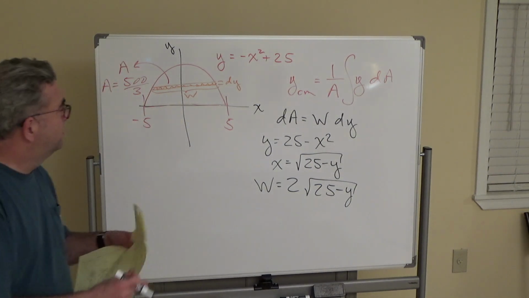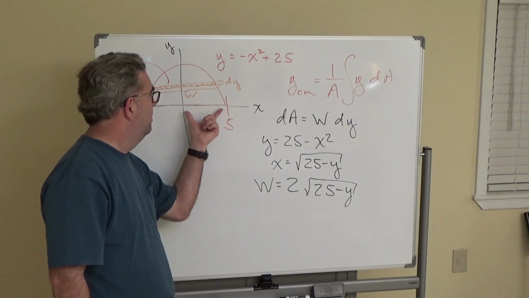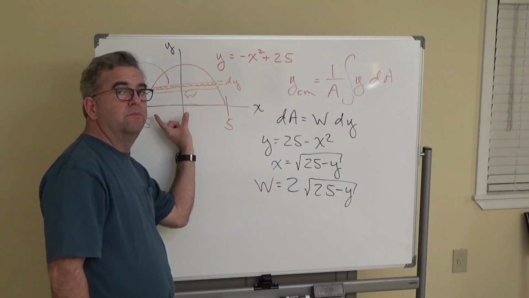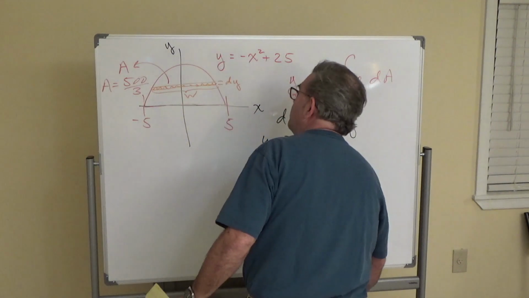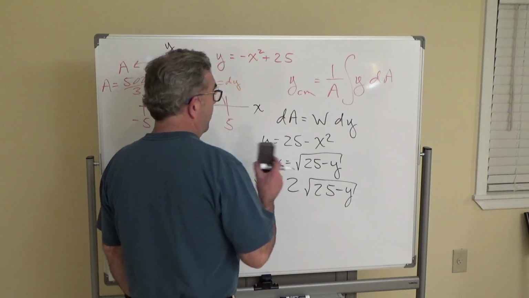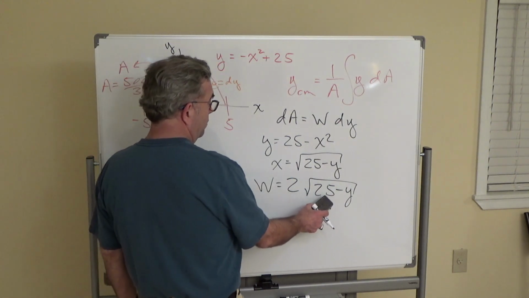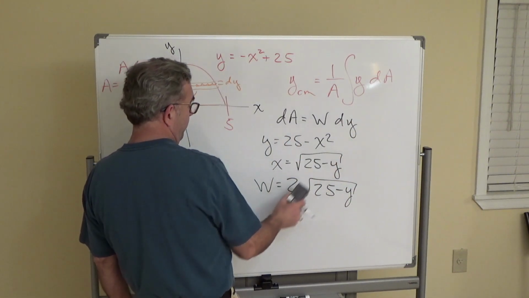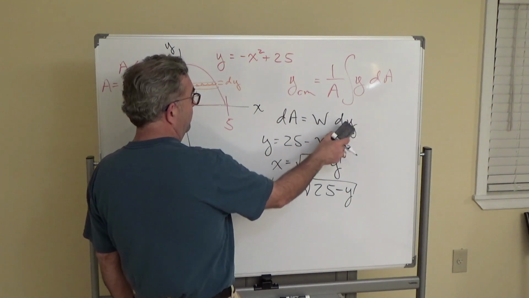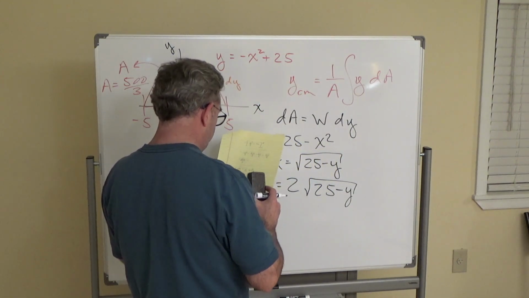Because that distance is 25 minus y, that positive distance, and I just double it. So now we're ready to do the integral, because I have the integrand, 25 minus y, dA is w dy, so do the integral.